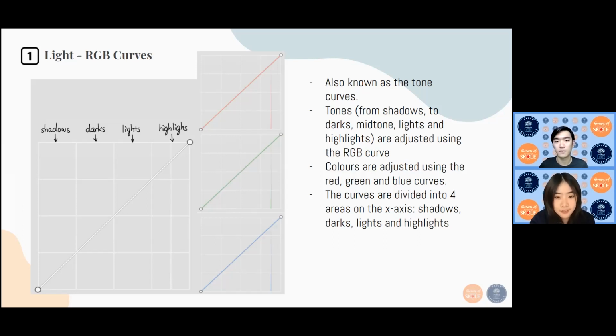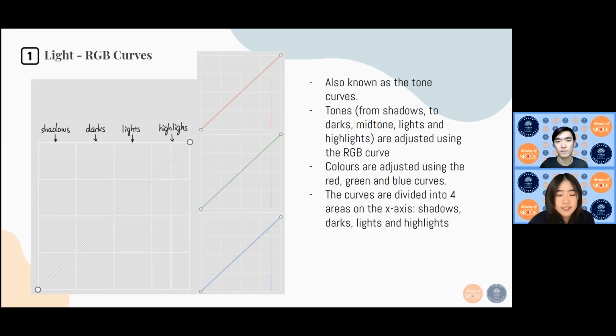The light curve on the left changes the overall brightness and contrast. The red curve tones the picture towards red, or its opposite, turquoise. The same goes for the other color curves. The green curve tones the picture towards green or red. The blue curve tones the picture towards blue or its opposite, yellow.